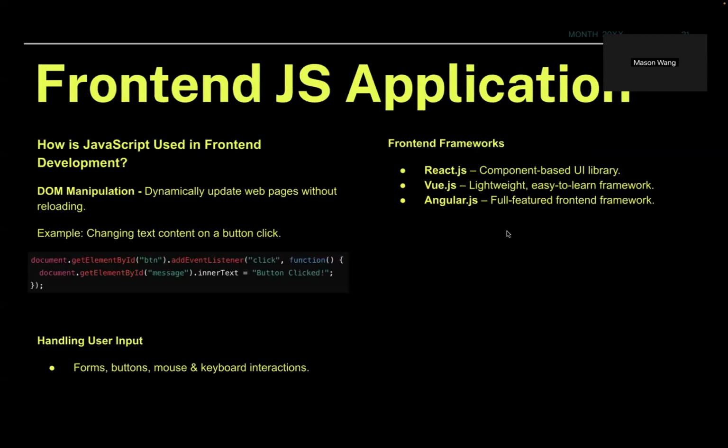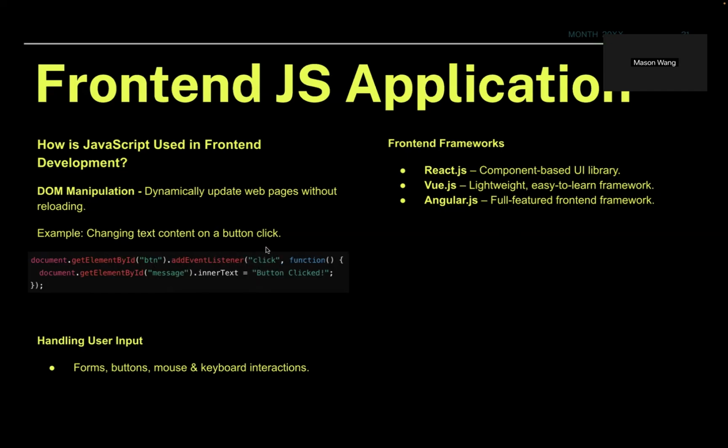So how is JavaScript applied in the front end, you might ask at this point. Well, it's used with DOM manipulation, which helps you dynamically update a web page without reloading. For example, what's happening here? You use getElementById to select one of your buttons, which has the ID button, and you add an event listener to it, which will listen for the click event.